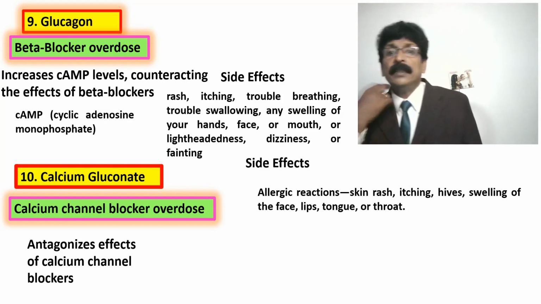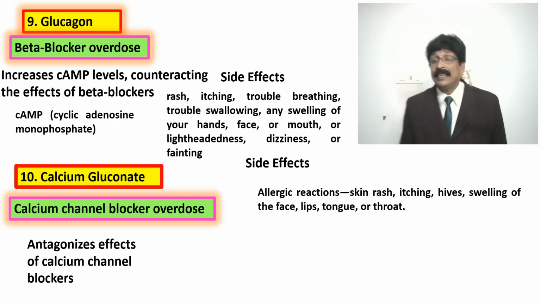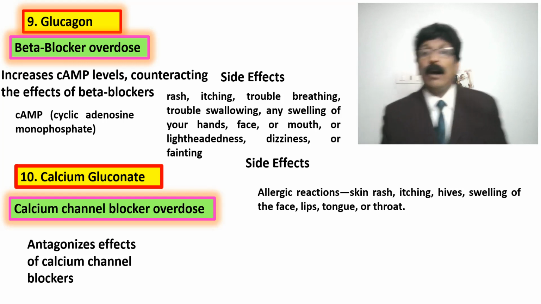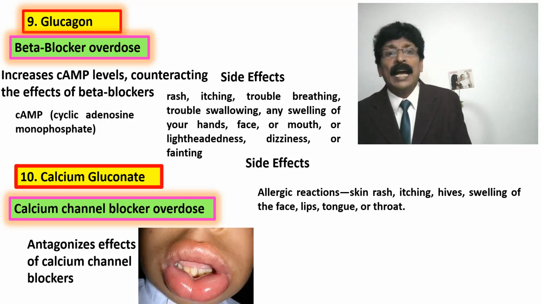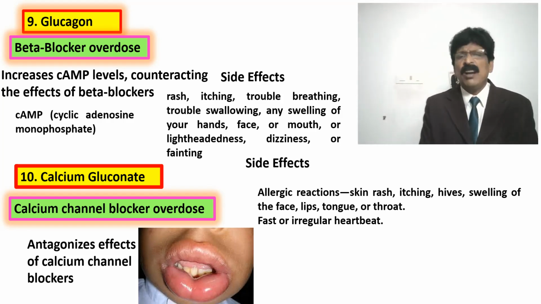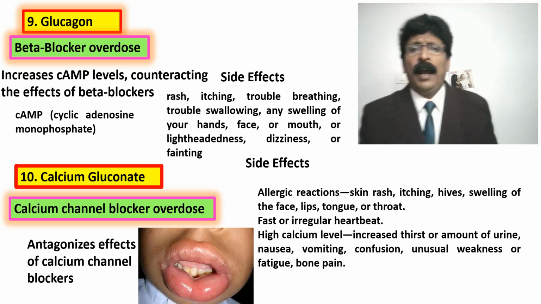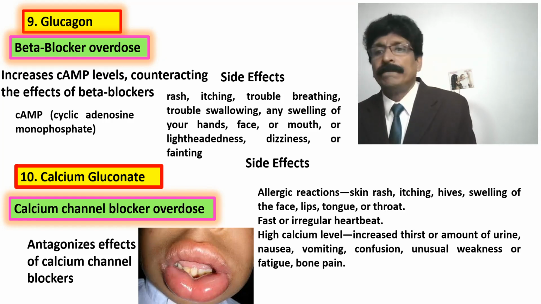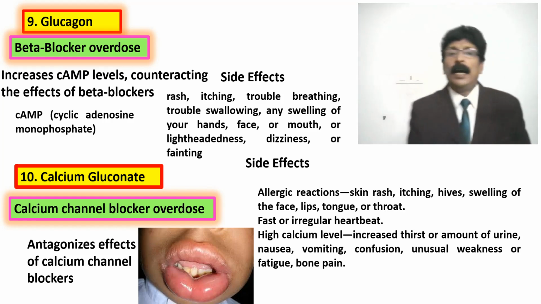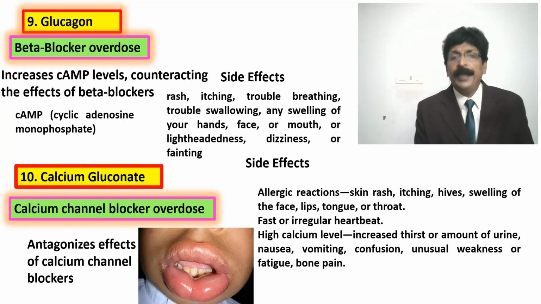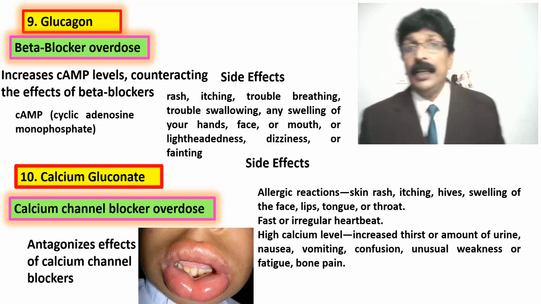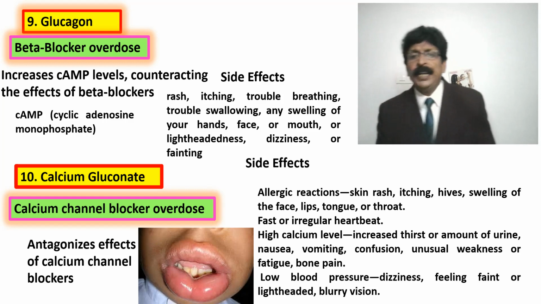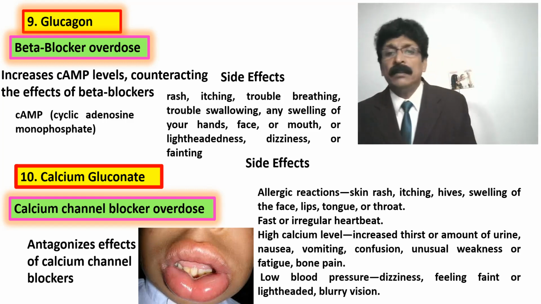Side effects, allergic reaction, that is skin rashes, itching, hives, swelling of the face, lips, tongue, or the throat as shown, can cause fast or irregular heartbeat, and high calcium level, increased thirst or amount of urine, nausea, vomiting, confusion, unusual weakness, fatigue, bone pain, low blood pressure, dizziness, feeling faint or lightheaded, and blurry vision.